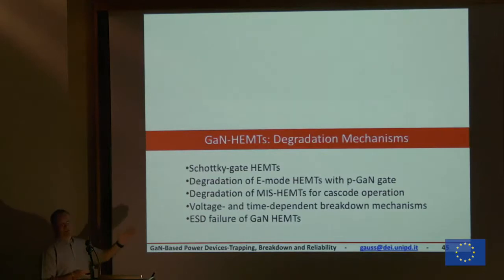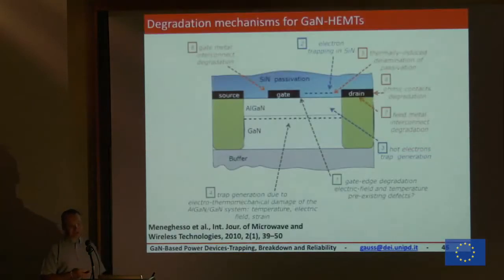Let's go to this field now. We go to see devices in which they show degradation. So I sketch a cross-section of a typical gallium nitride device. And what we did here some years ago, we published this paper, we were just identifying the different areas in which you may have degradation. You may have degradation at the gate edge because this interface can provide problems.